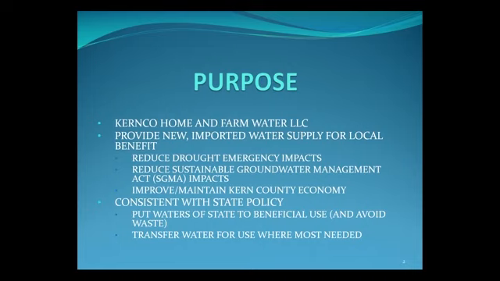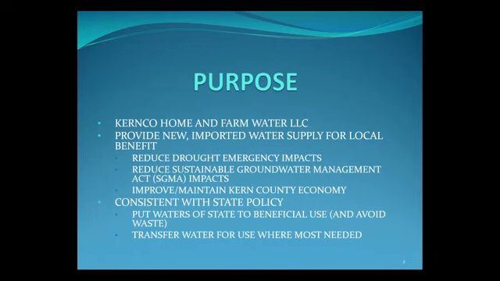His goal: he owns or controls about 3,000 acres in the Fremont Valley, and he's looking for a water supply from that area. He wants to provide a new and imported water supply to his property on the west side of the Sierra Nevadas in order to reduce drought emergency impacts and to improve and maintain the Kern County economy.